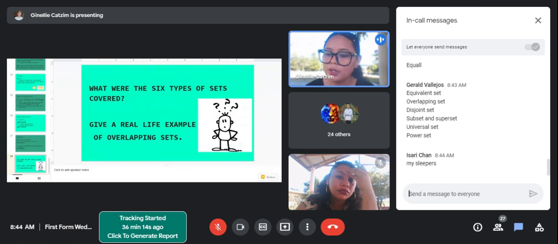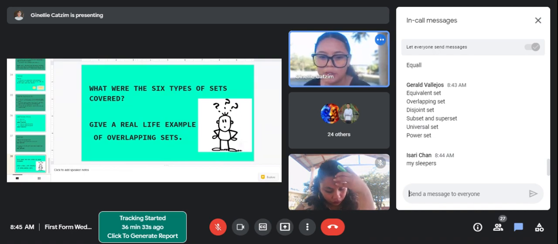Remember, overlapping sets have to be 2 sets. Maybe if you have, let's say, three different types of slippers, and let's say Lisette has four types of slippers, but she has one that is similar to yours, that is common, right?